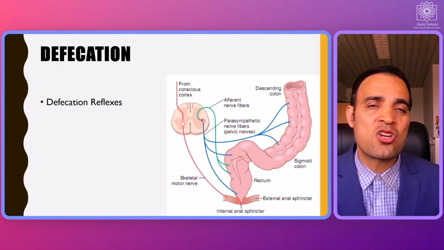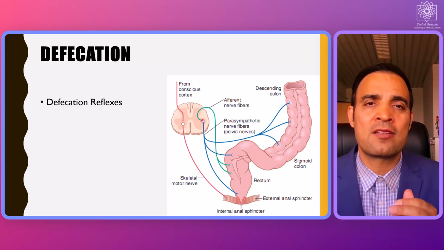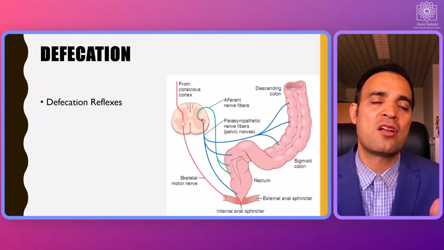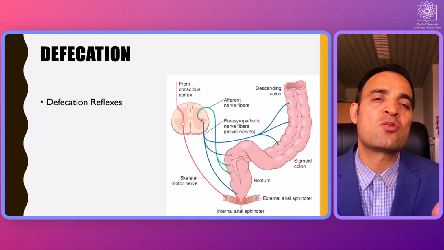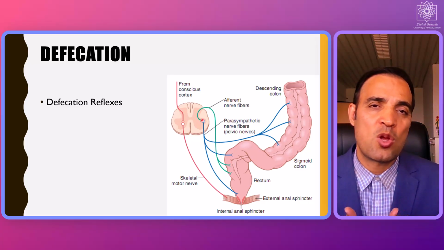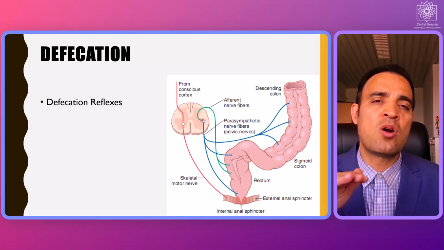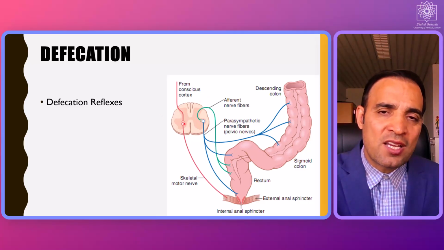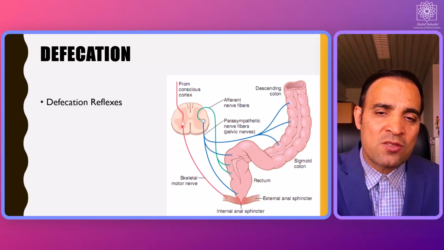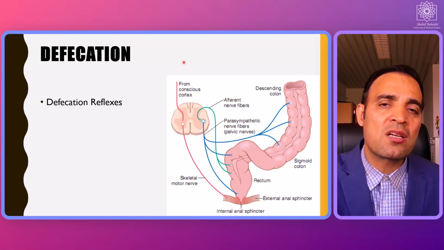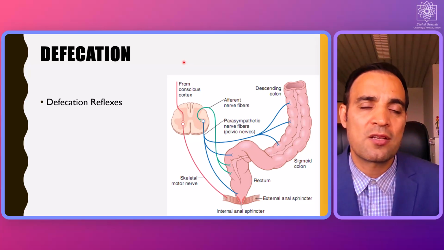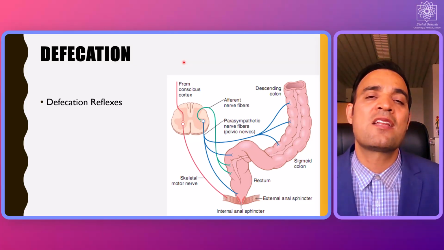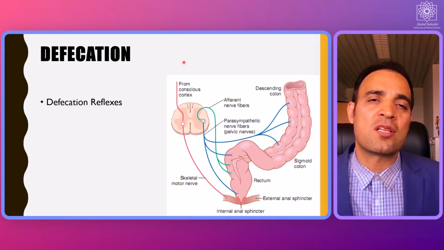And you know that in children, this process is not learned yet. Therefore, they are not able to control their defecation. The same is true for those who have a spinal cord injury, because as you see in this figure, a signal from this nucleus is being sent to the conscious cortex, and they are not able to receive this information. Therefore, the external anal sphincter is relaxed all the time.